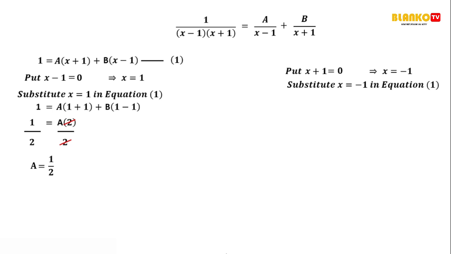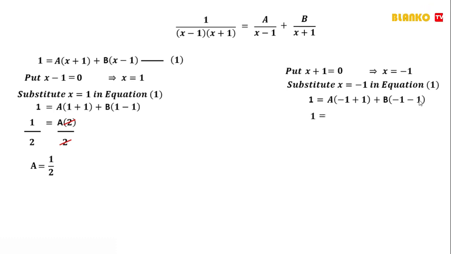So we have 1 equals A(−1 + 1) plus B(−1 − 1).